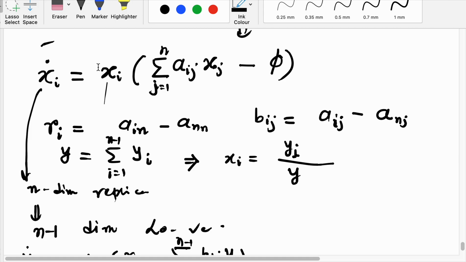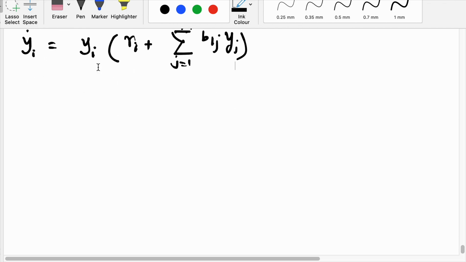So that's it. Now let me summarize what we have learned in this lecture so far. First, evolutionary game theory, EGT, is frequency dependent.